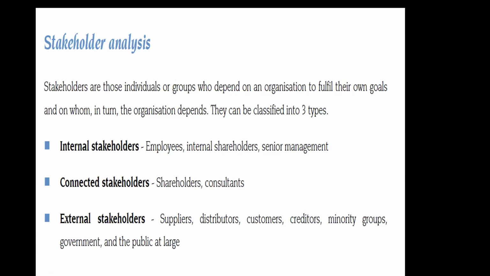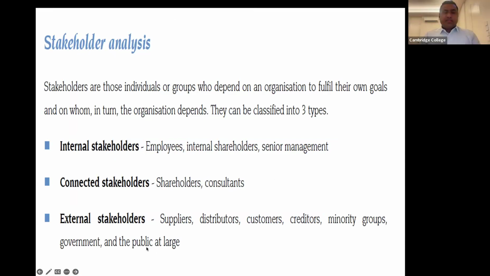So guys, there are three types of stakeholders, right? Who is a stakeholder? Very simply put, a stakeholder is a person or a group that can influence the organization and its activities, or be influenced by the organization and its activities.